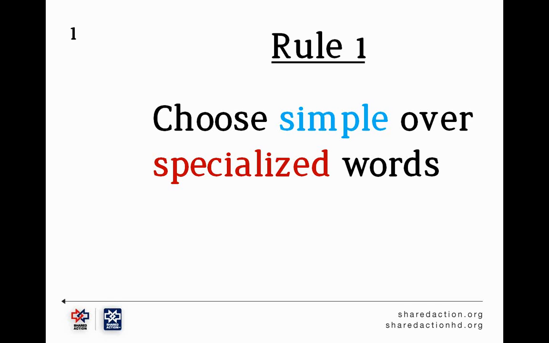But in every field, not just HIV and AIDS, we have our own lexicon. We have our own set of words, phrases, acronyms, and terms that we're accustomed to. But people outside of our own field may not know that. Even our clients may not know that because they don't work as intently with it as we do.